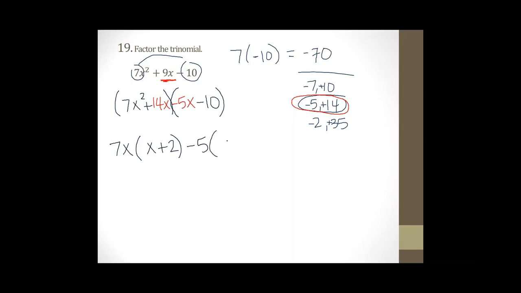So I can get another x plus 2, because negative 5 times x is negative 5x, and negative 5 times 2 is negative 10. And then I write the x plus 2, and then I have 7x minus 5, and that's my final answer, factored out.